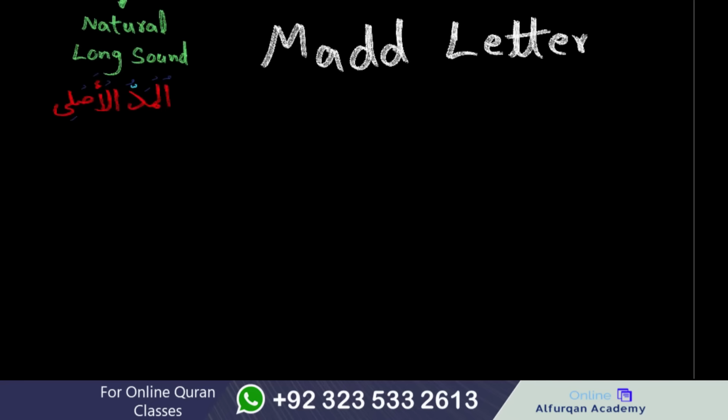To understand natural long sound, we have to learn about mud letters. In Arabic, we have three mud letters: alif, waw, and ya. All the time, these three letters do not appear as mud letters. Each one has a specific condition to become a mud letter.